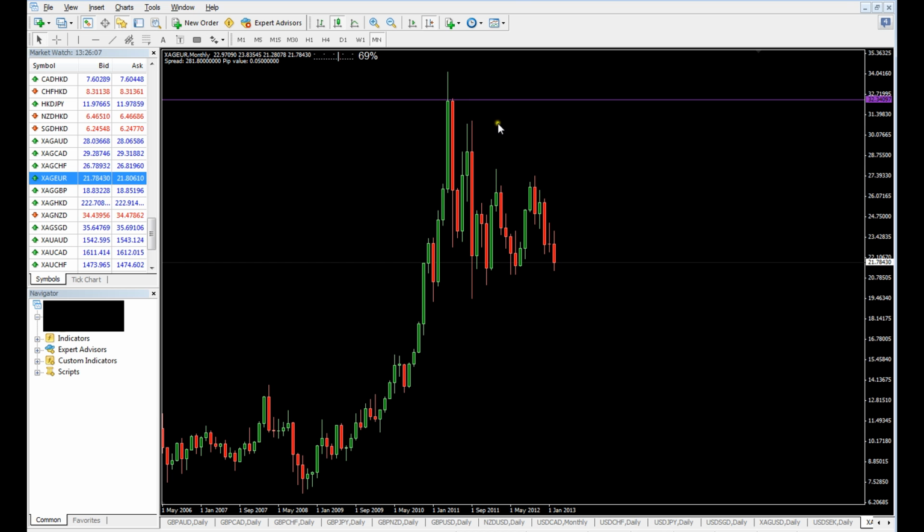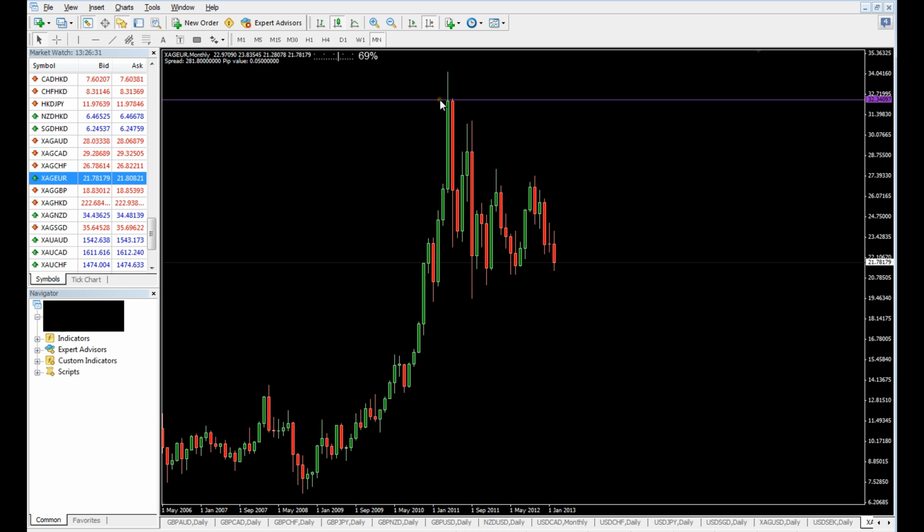In order to know what the price is going to do, we need to see the various time frames, because not only do we want to understand the market, but we also want to open a trade when all the stars are aligned in our favor, which happens when we have the monthly chart, the weekly chart and the daily chart all aligned in the same direction.